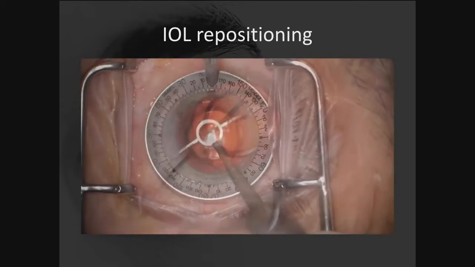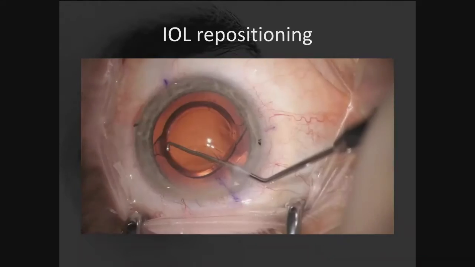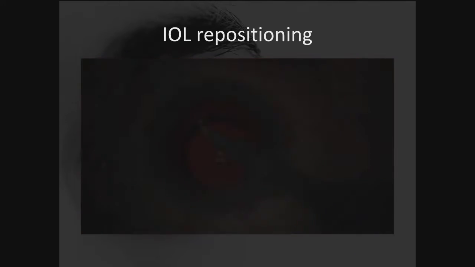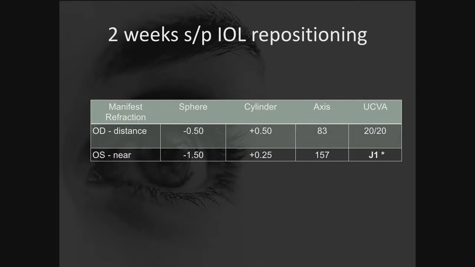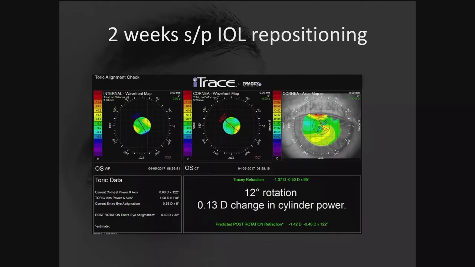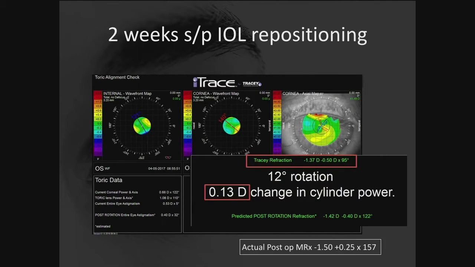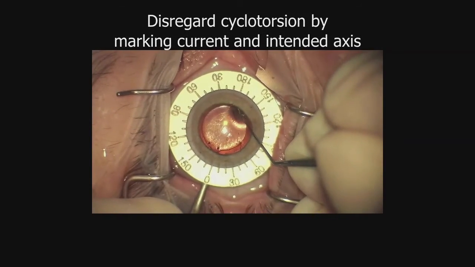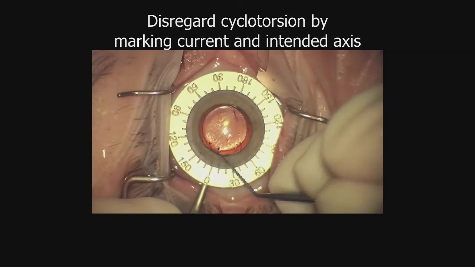So we go back in, we mark the intended axis, we loosen with viscoelastic above and below, and then simply rotate the lens back into position. Careful to remove the visco from behind the IOL, seat the IOL in the posterior capsule, and we can see we had a great result. And let's just go check the ray tracing, and it actually confirms that's what we see in real life. And that's great. And it actually matched the real post-op astigmatic refraction as well.